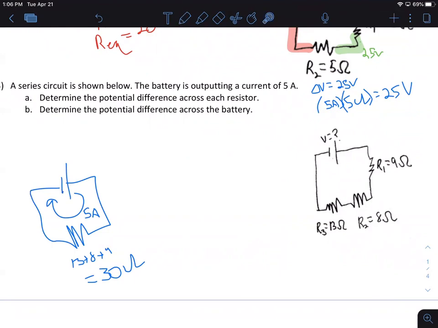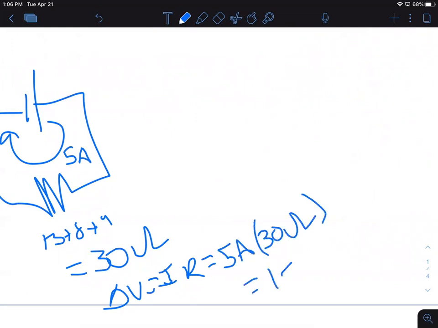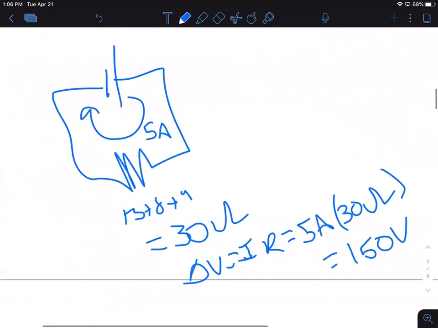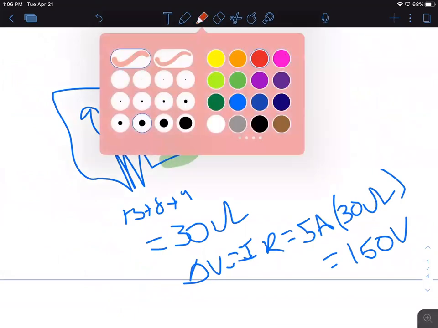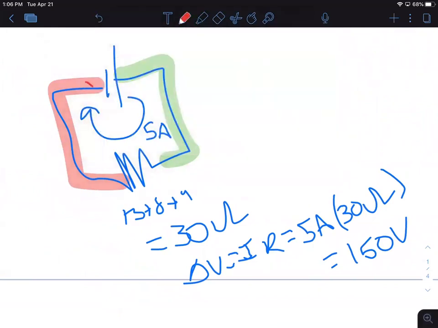So that means overall this resistor has to be changing it by whatever the battery has. So this resistor is changing it, delta V equals IR. Five amps, 30 ohms, 150 volts. So again, if I say this has one voltage, this has another voltage, and I say this is my 0, right before the negative terminal of the battery.